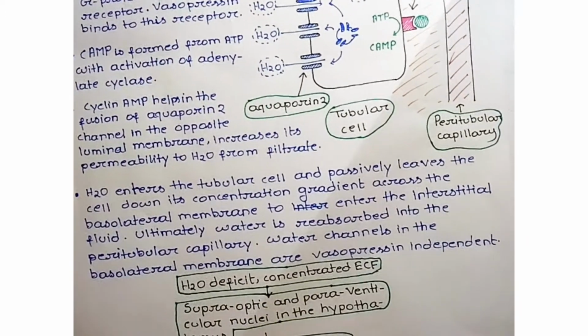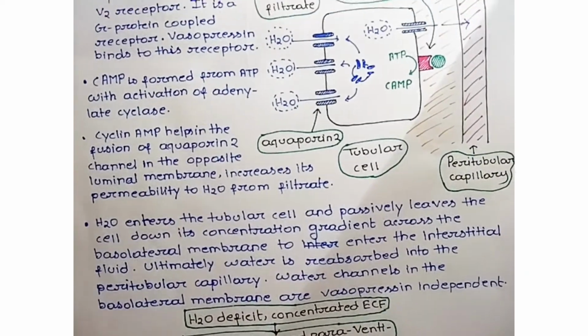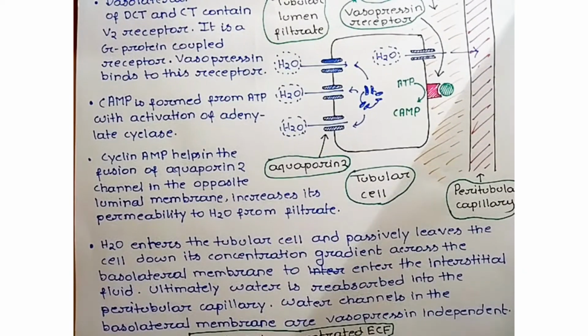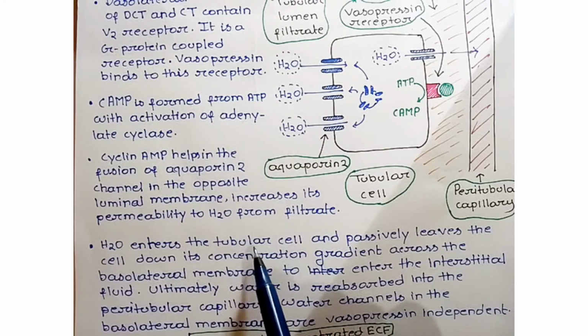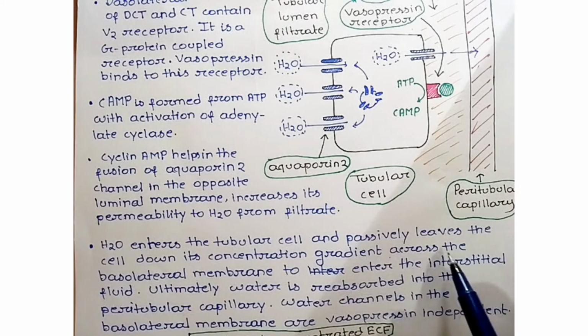Now the next point says that H2O enters the tubular cell and passively leaves the cell down its concentration gradient across the basolateral membrane to enter the interstitial fluid.